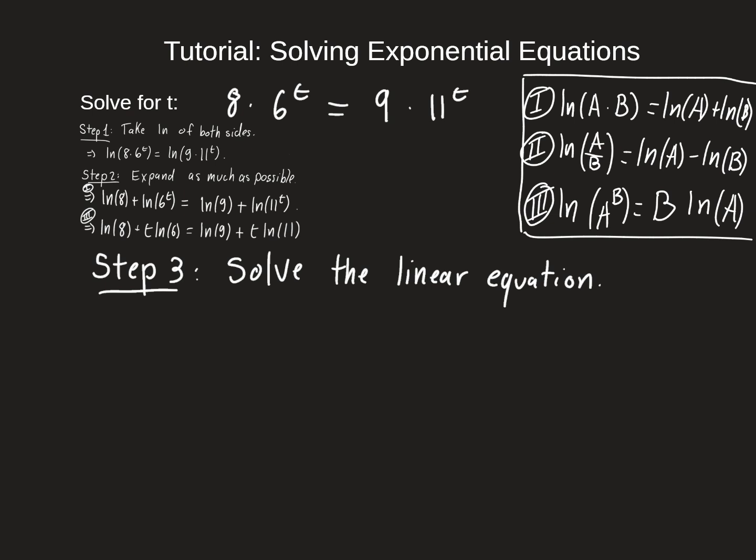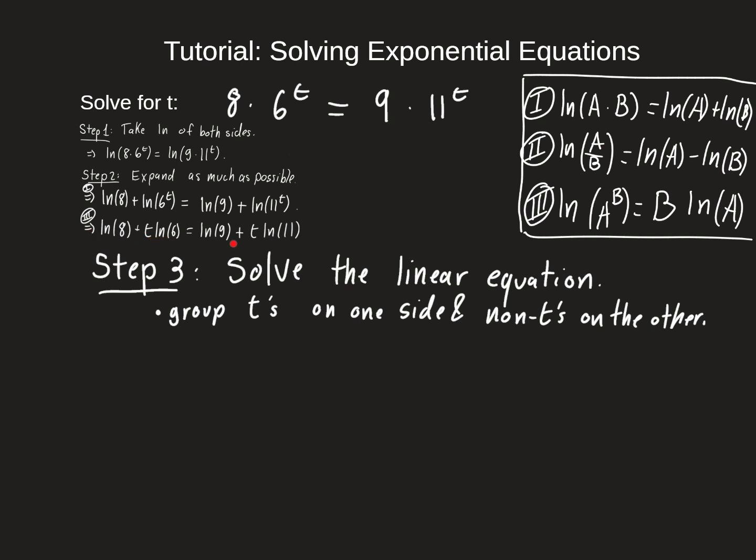So what we want to do is group all of the t's on one side and non-t's on the other. Here, ln of 8, there's no t, but t ln of 6, there is a t.